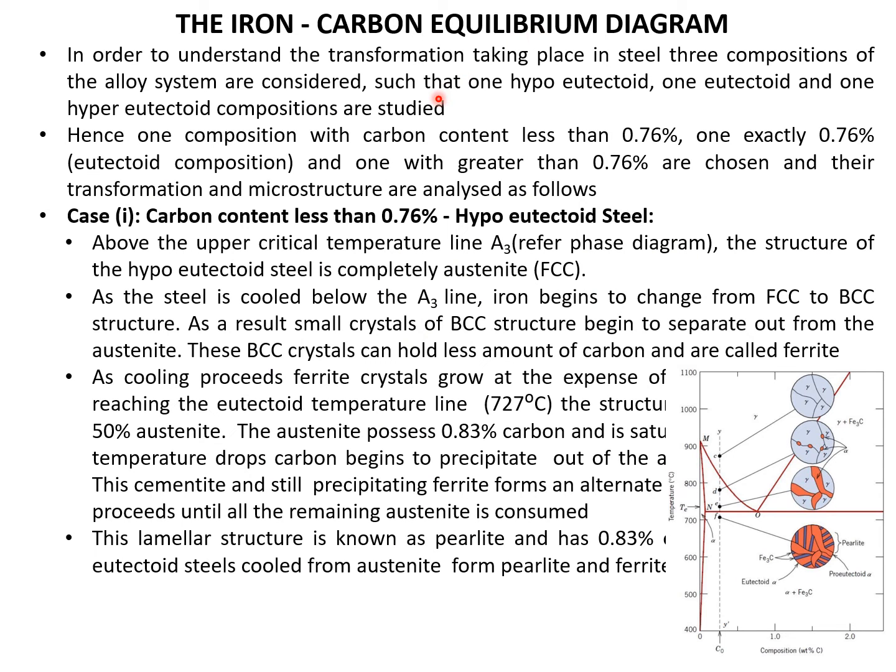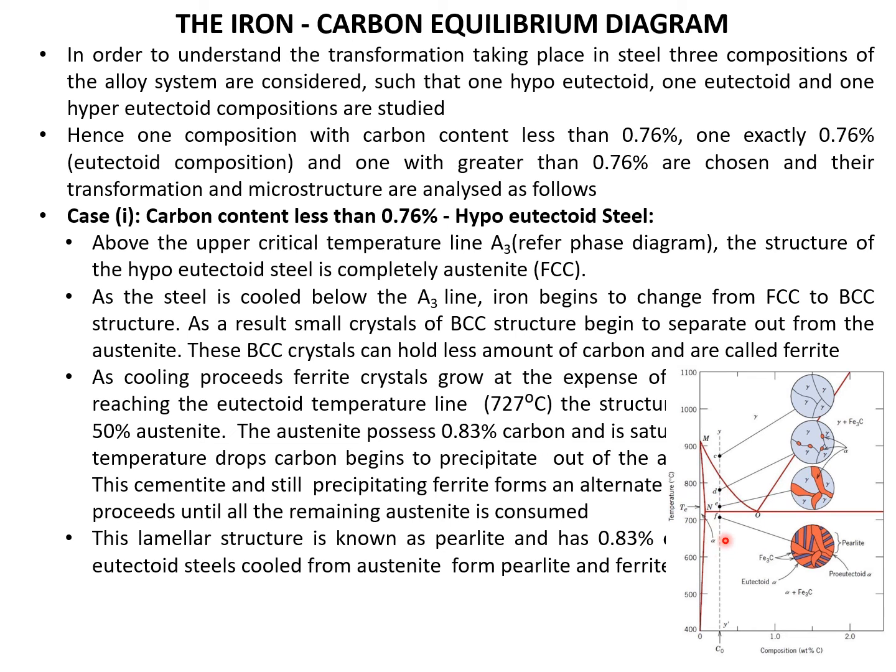Now slow cooling of steel with carbon content less than 0.76 percentage. What will happen? At this temperature, above this point, it is entirely gamma. Slowly cooling, it will form small nuclei of cementite. Still cooling, the cementite grains will increase.